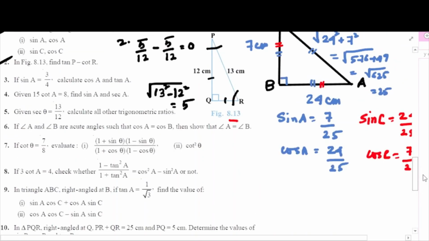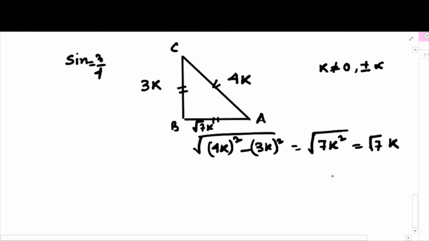Now what do we have to find out? We have to find out the value of cos A. So first of all, we'll find the value of cos A. Cos A equals to base by hypotenuse. That means root over 7k by 4k. As k not equal to 0, that's why we can cancel the value of k. So it is becoming root over 7 by 4.